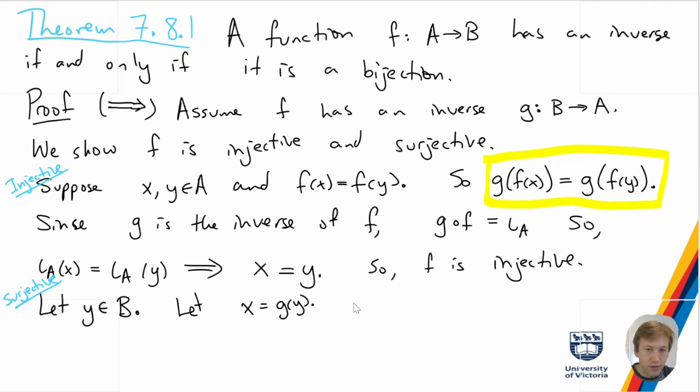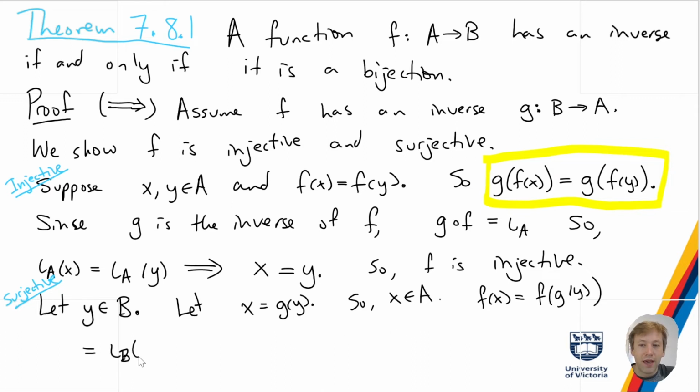So of course, g is a function from B to A, so x is in A, and so we can apply f to it. So f of x, well, that's going to be equal to f of g of y. But again, we can use this inverse thing. So this is equal to the identity on B of y, because the composition of f and g is the identity on B, and this is equal to y.